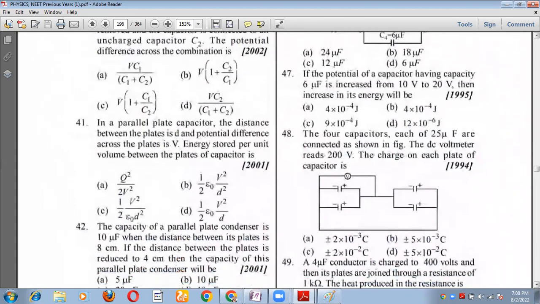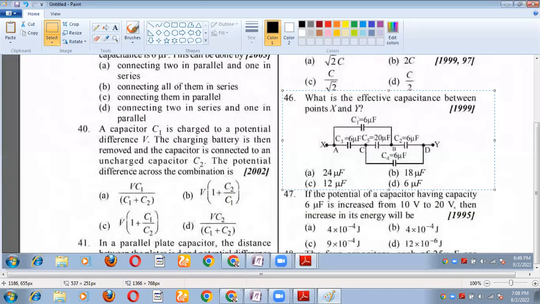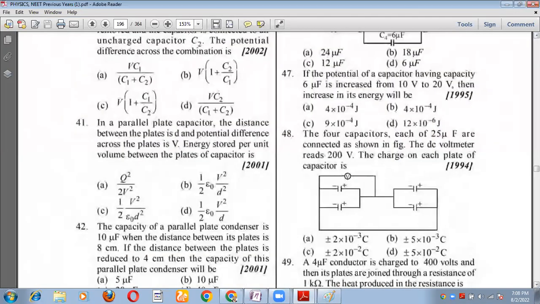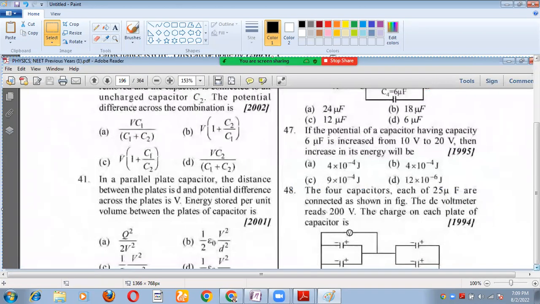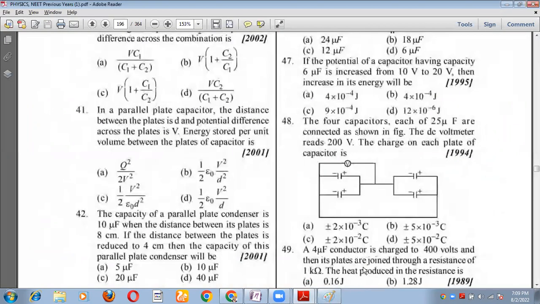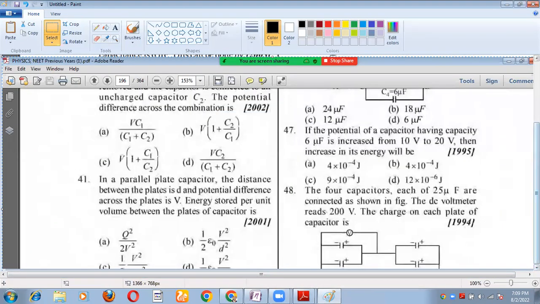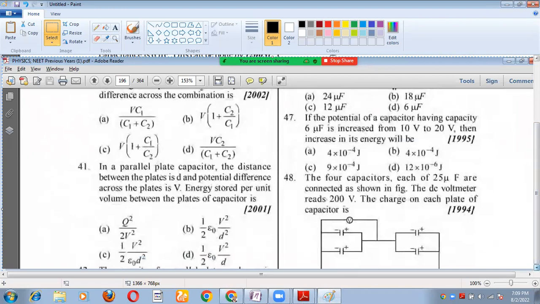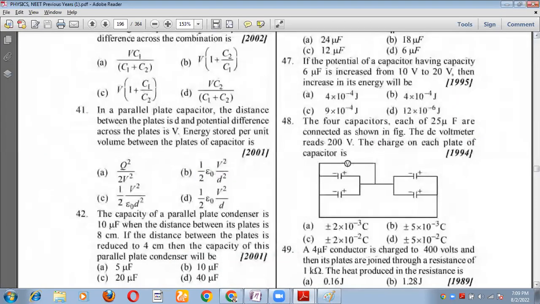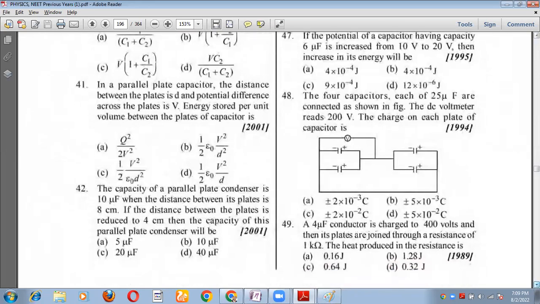Now see this question number 48. Easy question. Go through question number 48.